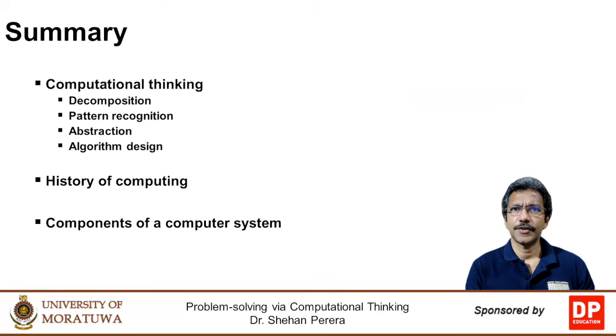If you look at a summary of what we have covered in this session, we looked at computational thinking by looking at an example of solving a problem of going on a trip. We looked at how we can decompose the problem and break it into smaller pieces so that we can solve each part separately. Then we looked at pattern recognition to find similar patterns in problems and their solutions and then reusing the similar solutions.